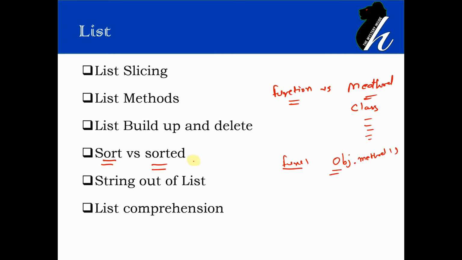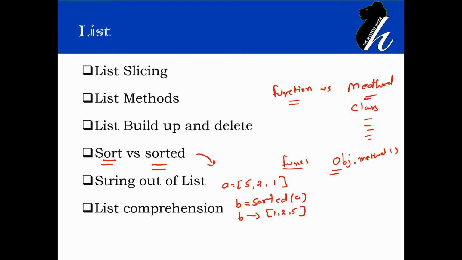Now sorted: if I have a list A equals 5 to 1, and I do sorted A, it returns the sorted list, so I need to store it somewhere, say in B. If I later print the value of B, it will have the sorted one. This is the first fundamental difference between sort and sorted: sorted returns the sorted list.